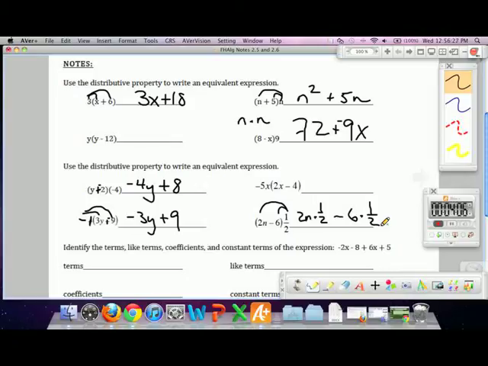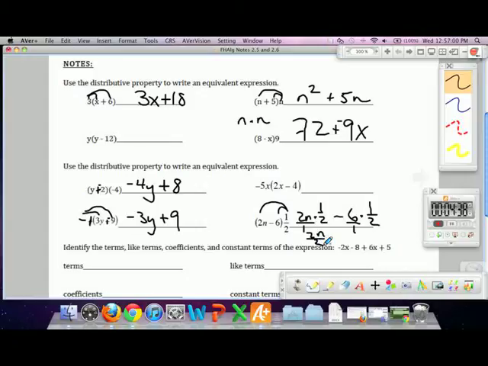In general, how do you multiply a fraction to a whole number? You put the whole number over 1, and then multiply straight across. A great strategy we're going to use over and over again today is to put the whole number over 1 and multiply straight across. So what's 2n times 1? 2n. And what's 1 times 2? 2. What's 6 times 1? 6.